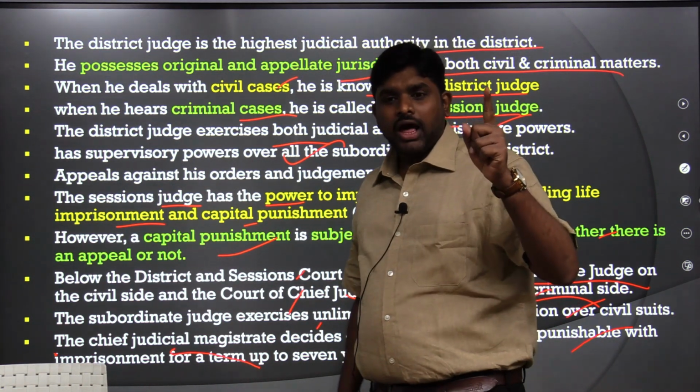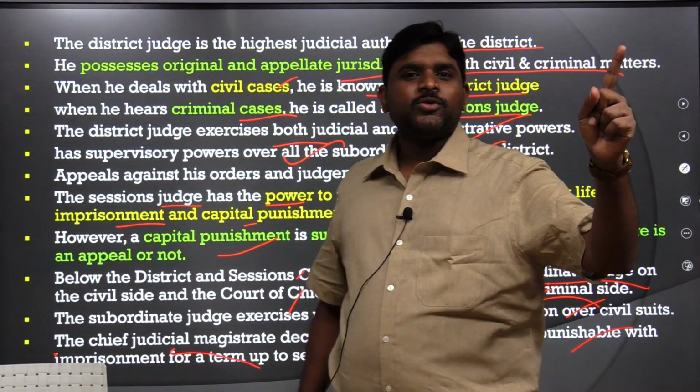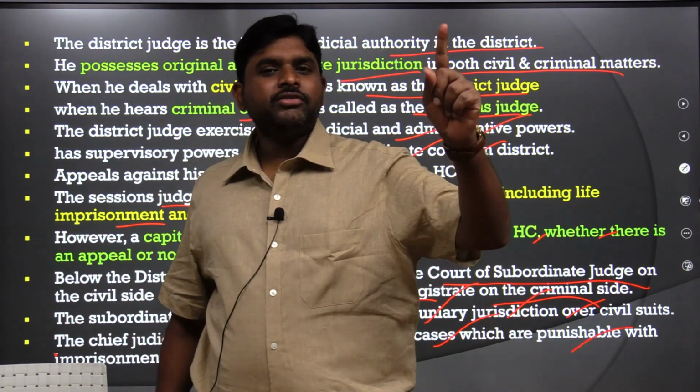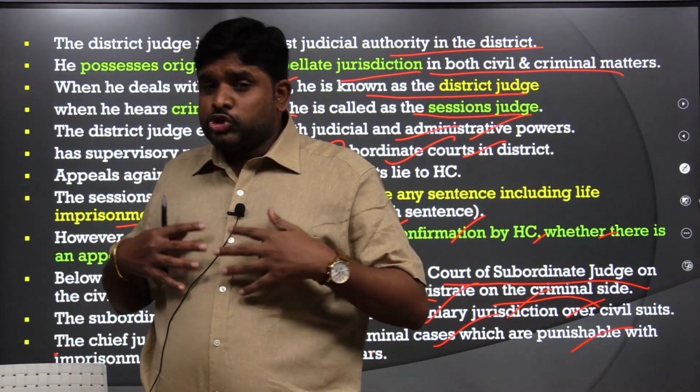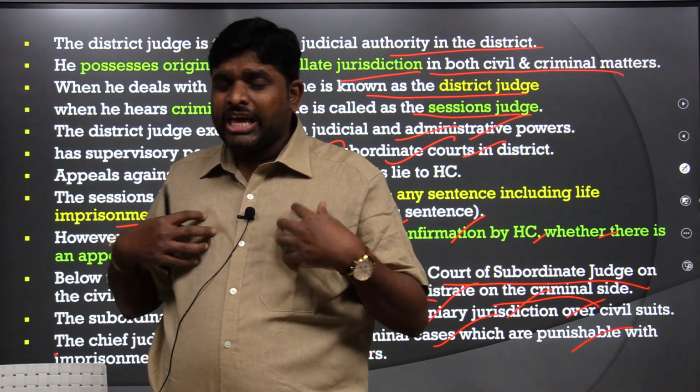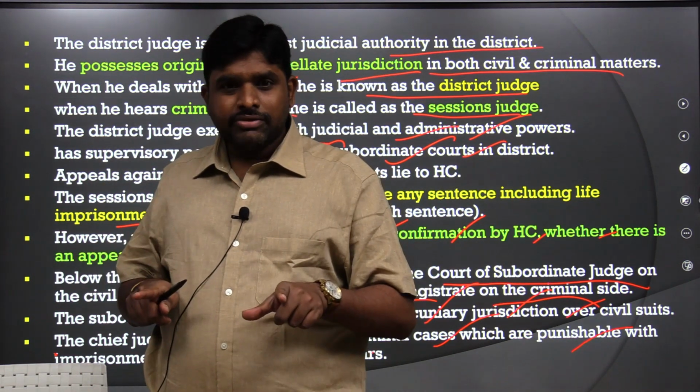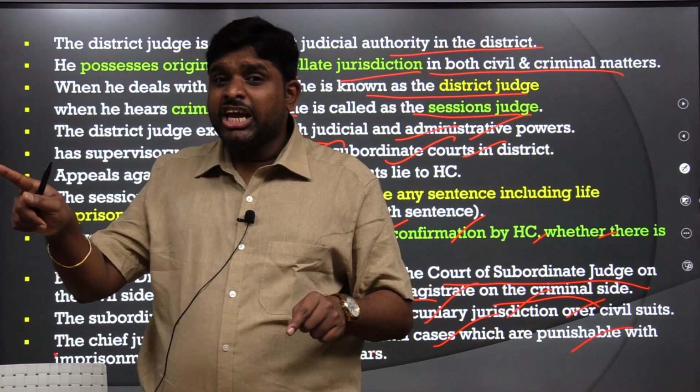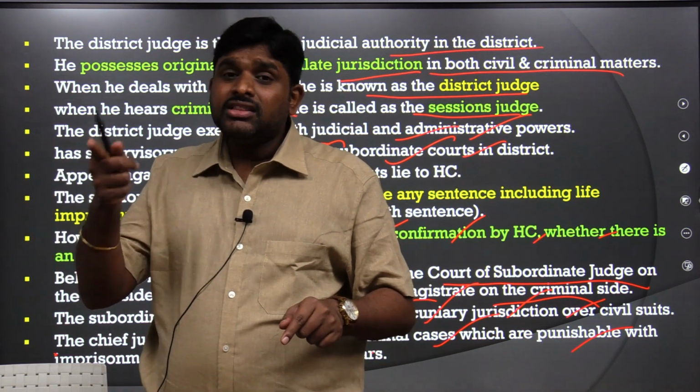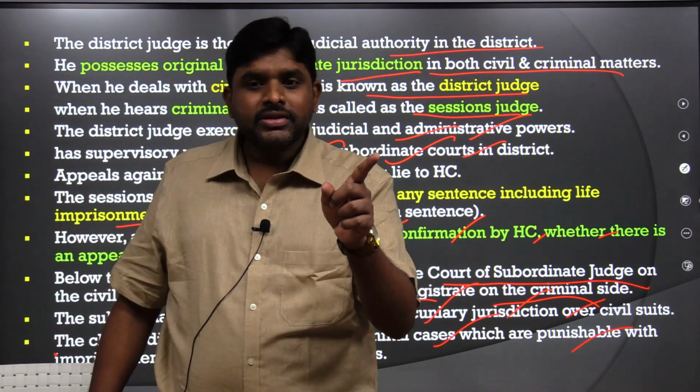He should send it to the sessions court. The chief judicial magistrate has the power to give punishment only up to 7 years. It means the offence which he deals with should be such that the punishment is not more than 7 years.